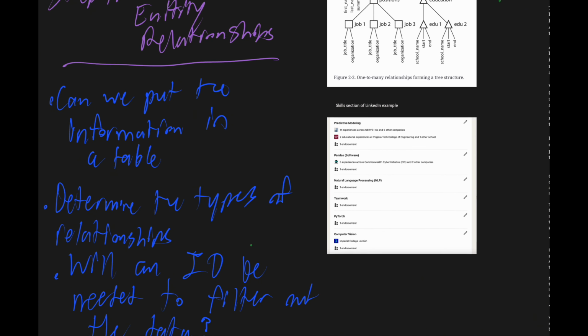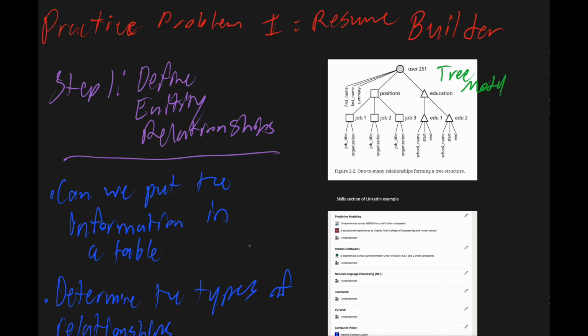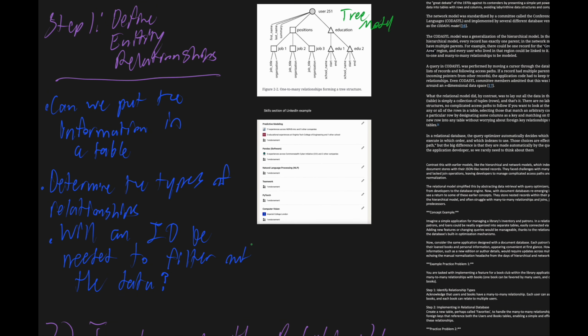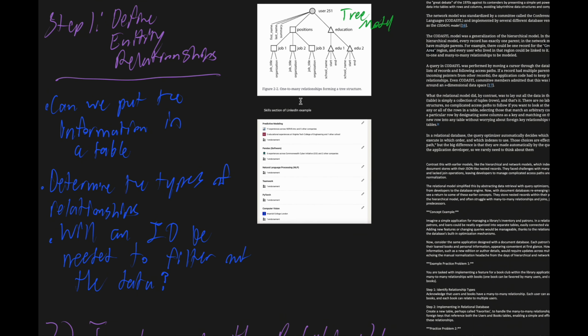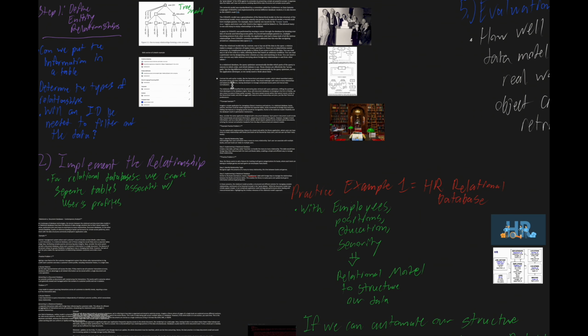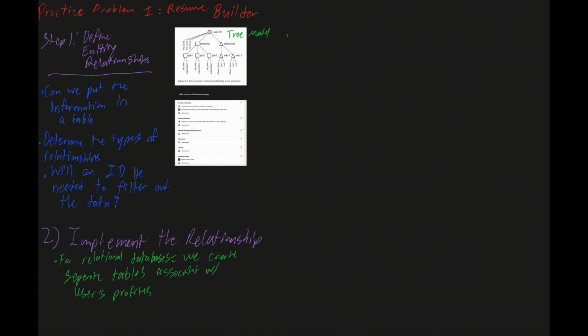And so this is just an example of what we do for a resume builder where we apply a relational database. Let me just move this out and clean this up for you folks so you see exactly what I'm talking about.